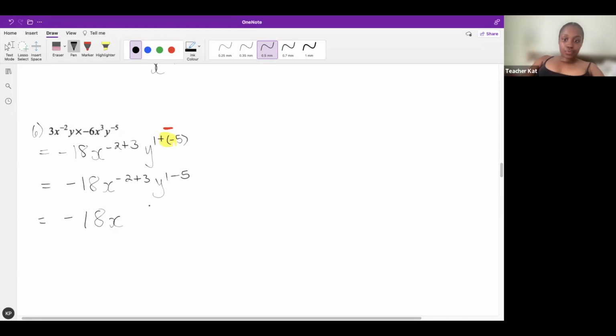No. Okay, so then y is going to be to the power of 1 minus 5, which is negative 4. So we are moving my y to where? Nice. Vocabulary coming in nicely here. To the denominator. So it's going to have negative 18x in my numerator, all divided by y to the power of 4.